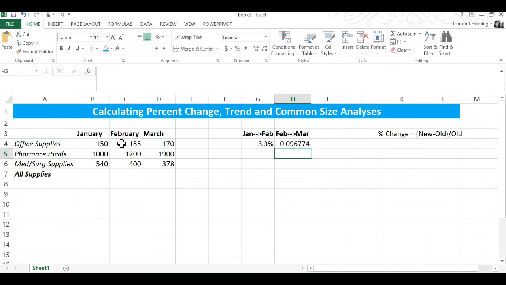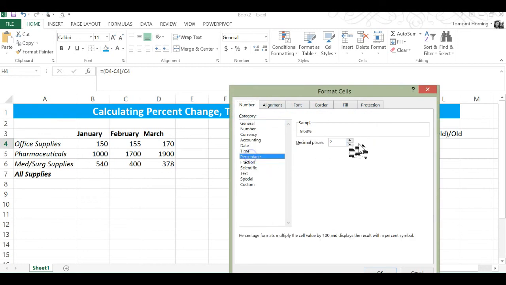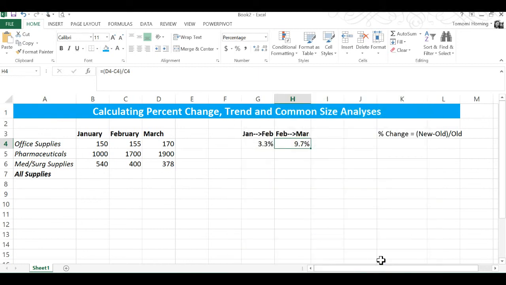So the percentage change here, if we format cells, you can see there is a 9.7% increase from February to March. Now, if we do the same for the other ones, again, open parentheses, new minus old, close parentheses, divided by old.